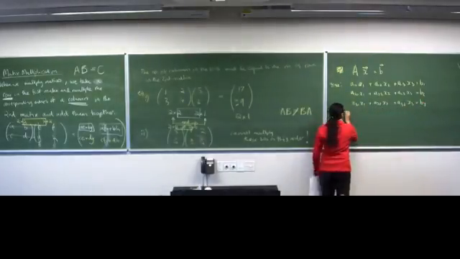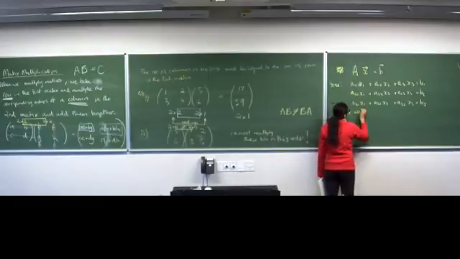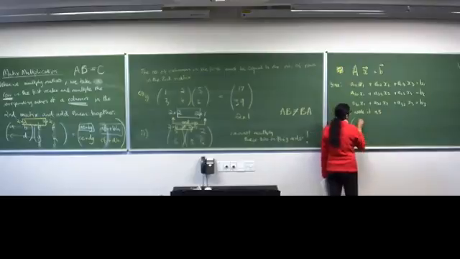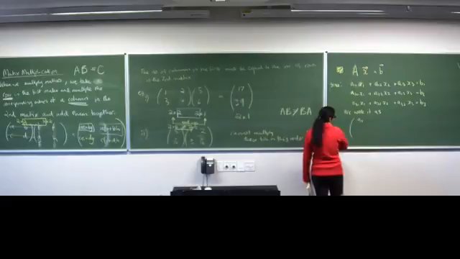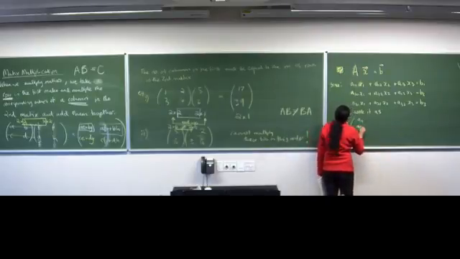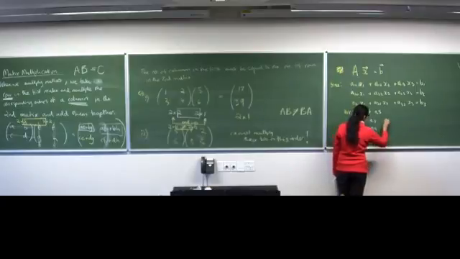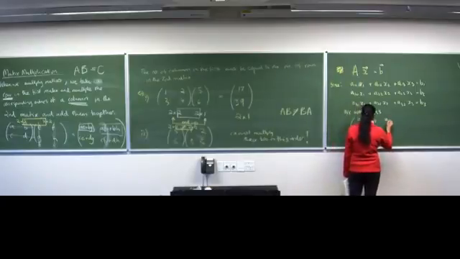Now we wrote it as the augmented matrix where we took out the coefficients, A11, A21, A31, A12, A22, A32. We took out the coefficients like that. 1, 3, 1, 3, 2, 3, 8.